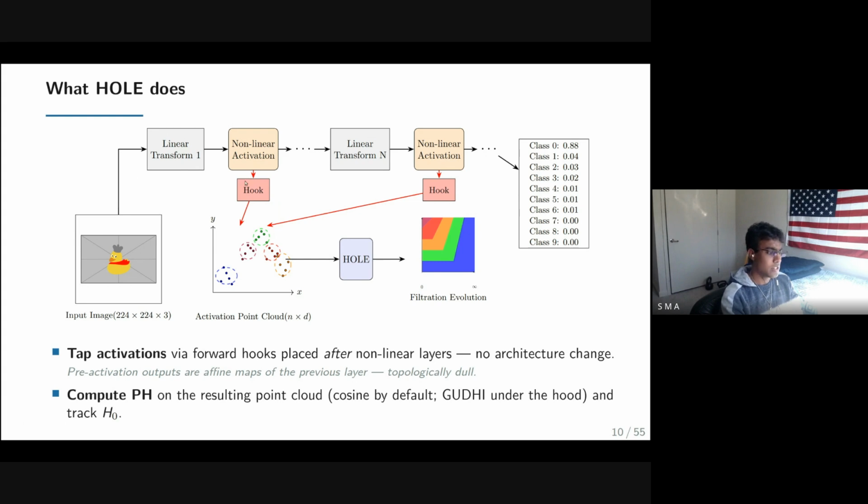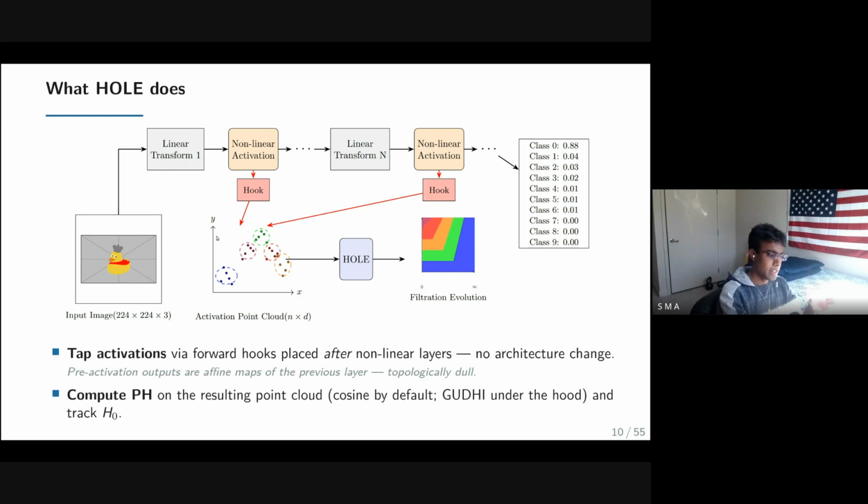You can attach a forward hook and probe into the nonlinear activation to get these point clouds. The shape of the point cloud is n cross d, where n is the number of data points and d is the dimension of the point cloud, the nonlinear dimension. It could be 224, 768, 1024, and so on.